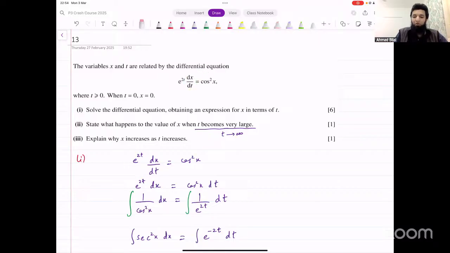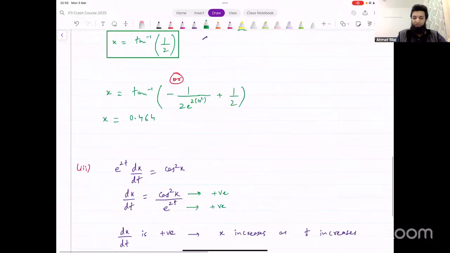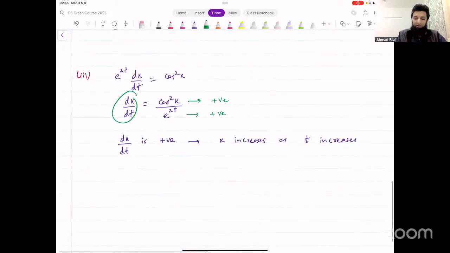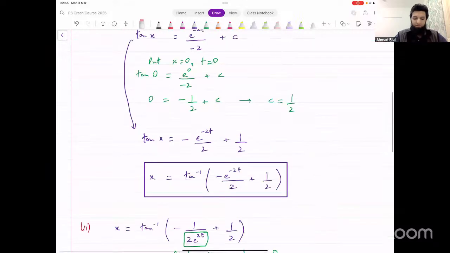Because if they're going in the same direction, the curve is going to look something like this. It will be going in the upwards direction. If the curve is going upwards, that means the gradient would be positive. So in such problems, all you have to do is show that the derivative is positive, right? In this case, we did that for question number 13.